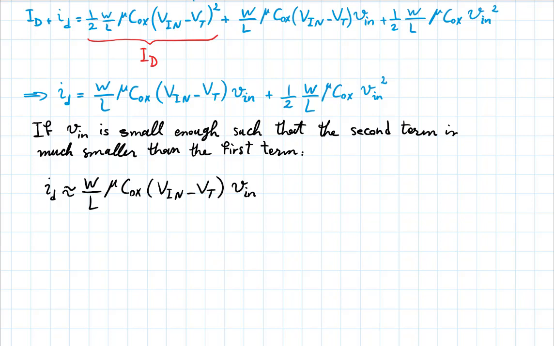Now, is that a reasonable approximation? What does that require? It really requires that V in be smaller than the big V in minus VT, right?